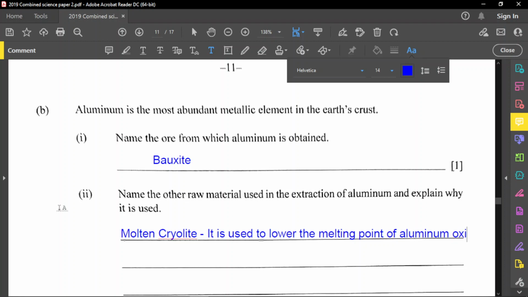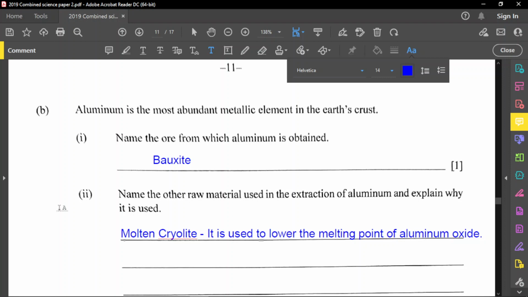Because to extract aluminum really requires a lot of energy, so you have to lower the melting point to make it an easier and cheaper method. So it reduces the cost or the amount of energy required to extract aluminum. That's the purpose of cryolite, because aluminum is a very hard metal to melt from its ore. Bauxite takes a lot of processing and a lot of energy to do that.